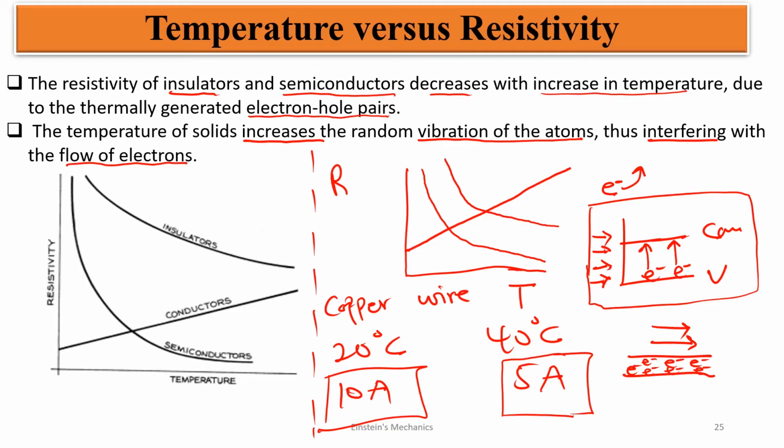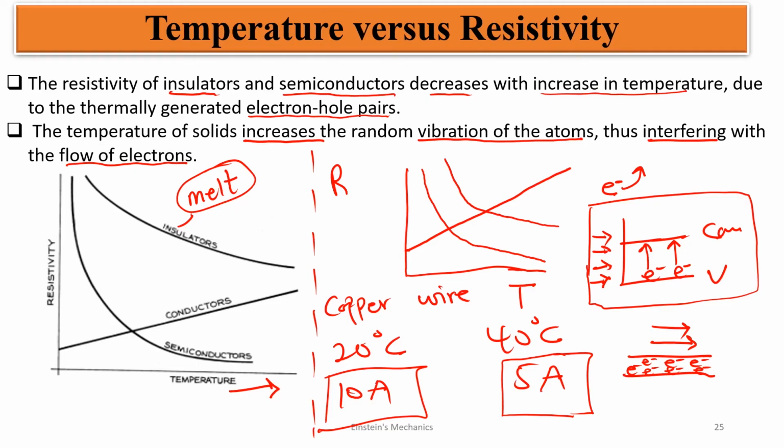flow of electrons. And when we talk about the insulators and the semiconductors too, although if you increase the temperature, you are decreasing the resistivity, but you have to also take care. If you continue to increase temperature, at a certain point, insulators, they will begin to what? Melt. So you will not even achieve that current you want to achieve. Do you understand?